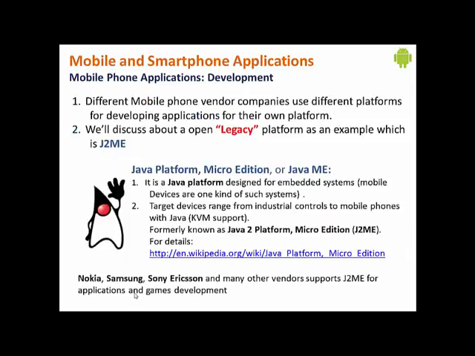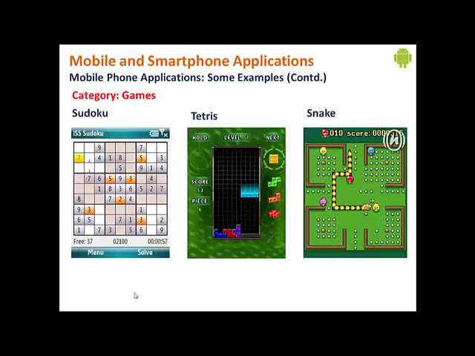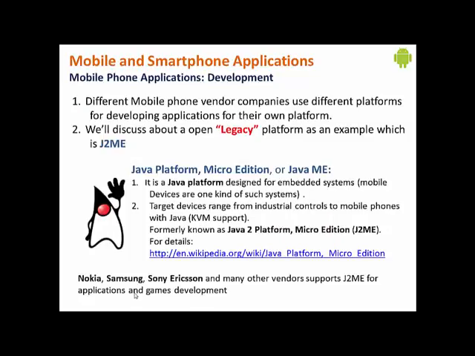So then, I got all these things. Then why should I switch over from the mobile device to the smartphone device? Because the mobile devices use Java Micro Edition, or technically it's called J2ME.